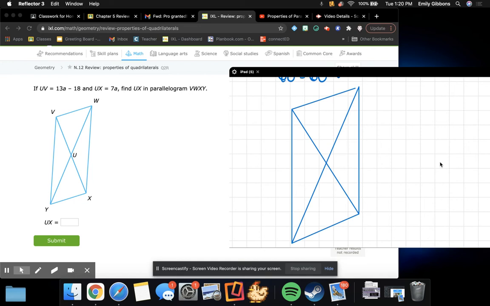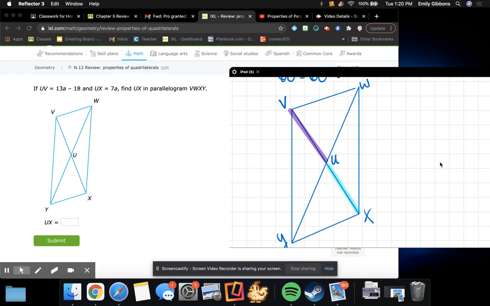So we have V, W, U, X, and Y. And they say UV, okay, so that'd be this, and then UX is 7a.